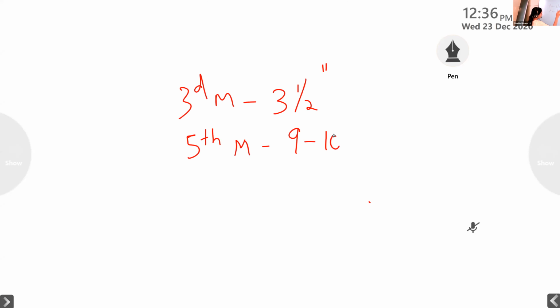In the fetal stage, this is important, try to learn this point by heart. In the third month, the length of the fetus is 3.5 inches. In the fifth month, the length of the fetus is 9 to 10 inches.